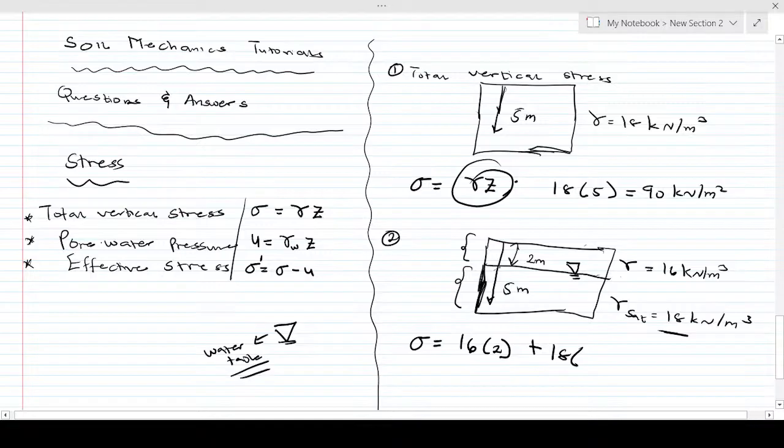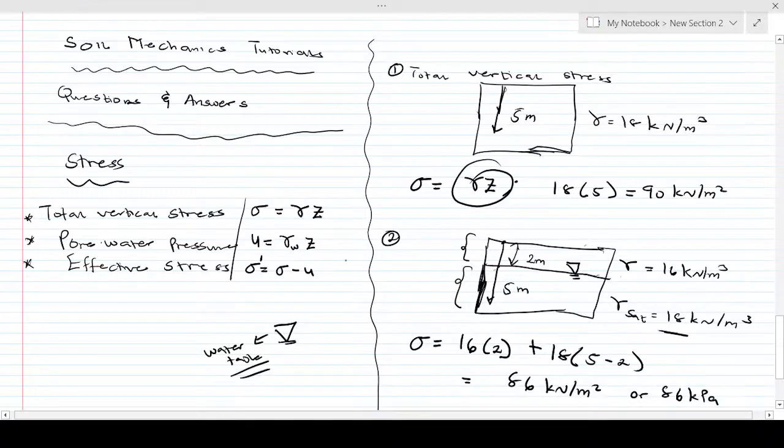We know that from here to here is 2, and from here to here is 5, so we simply have 5 minus 2. And this is simply going to give us 86 kilonewton per meter squared, or somebody will also say 86 kilopascal. That's for the total vertical stress.